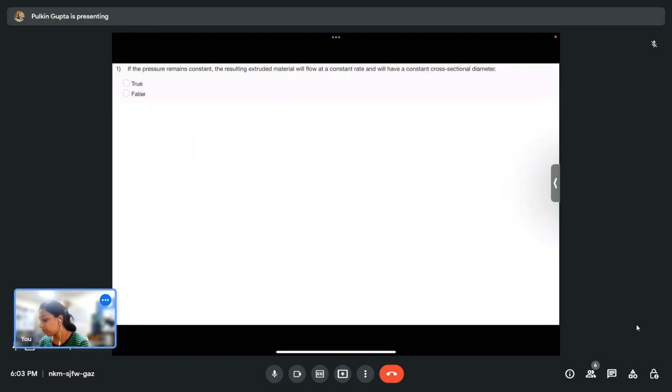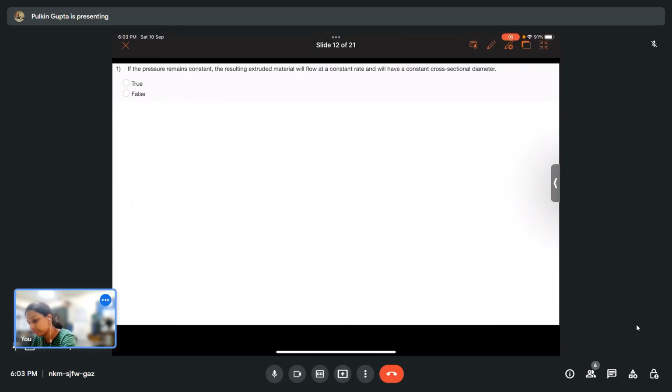The first question is: if the pressure remains constant, the resulting extruded material will flow at a constant rate and will have a constant cross-sectional diameter. True or false? So if the pressure remains constant and you have a fixed cross-sectional area to pass through the nozzle, constant pressure means you have a constant flow rate.